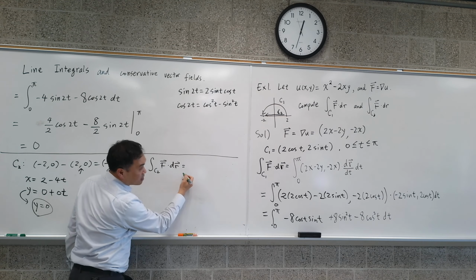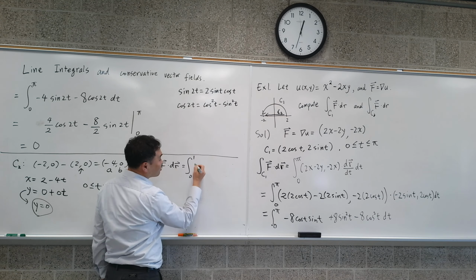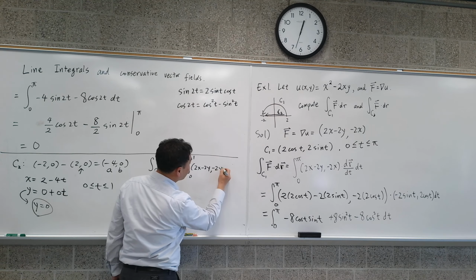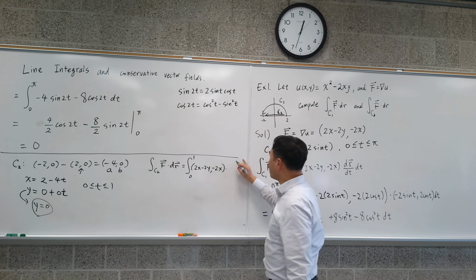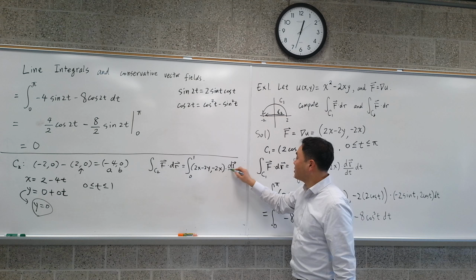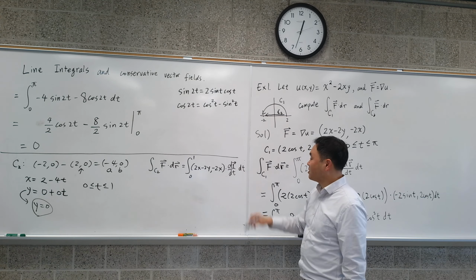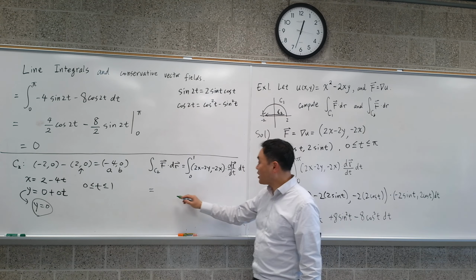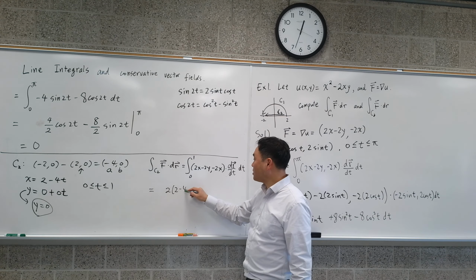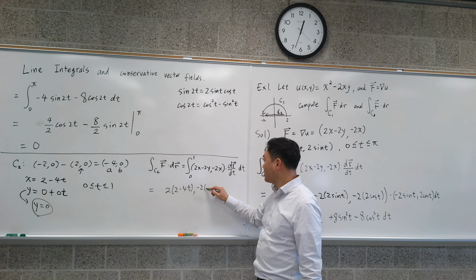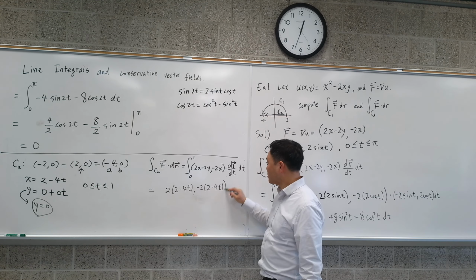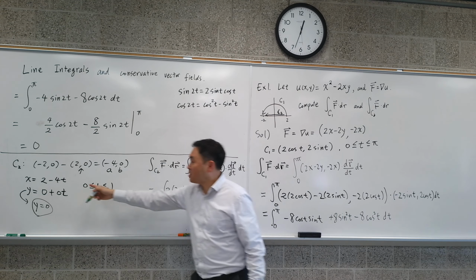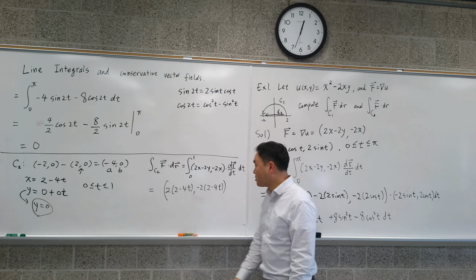Well, that's going to be the same thing as before, 0 to 1, (2x minus 2y, negative 2x) dotted with dr/dt dt. But see, y is 0, right? x is 2 minus 4t. So that's all you get for this one when you plug in x is 2 minus 4t and y is 0.